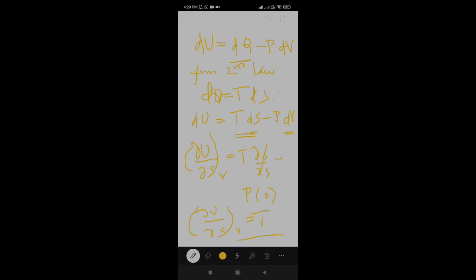Now once again you differentiate this thermodynamical potential with respect to V at constant entropy. Dou u by dou V at constant entropy. Now what about this first term?